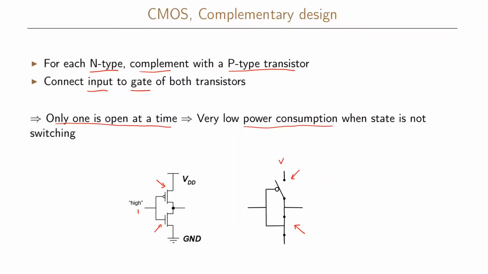So if we have the voltage supply here, and then we have the ground here, it means that we have now connected the output to ground, so output will be 0 when the input is a 1. And if this here really is an open switch, there is no current flowing from the VCC here and down towards the ground or to output. This means that we have a very low power consumption.